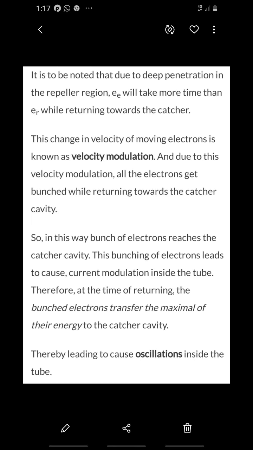So it is to be noted that due to deep penetration in the repeller region, the early electron will take more time than the reference electron while returning towards the catcher.